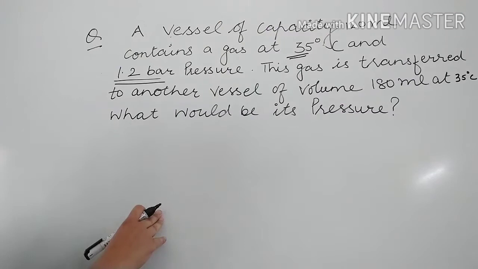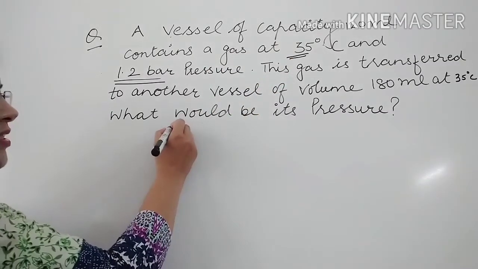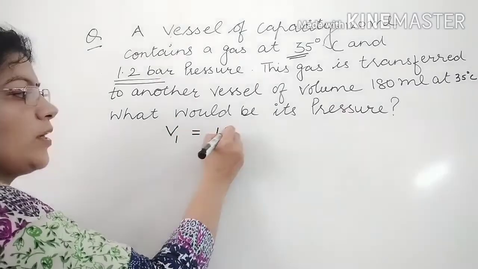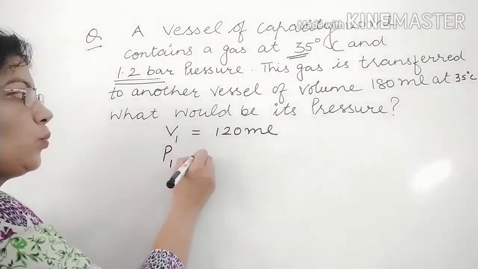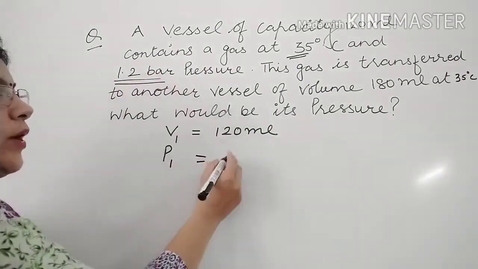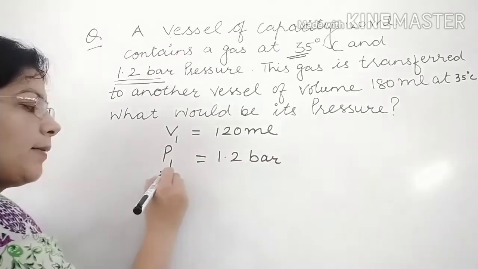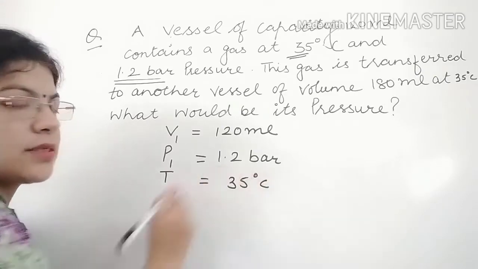So first of all, we have to write the things that are given in this statement. The volume of the first container, let this be V1, is given as 120 ml. Pressure is also given, that is P1, 1.2 bar. Also temperature is given, that is 35 degrees Celsius.